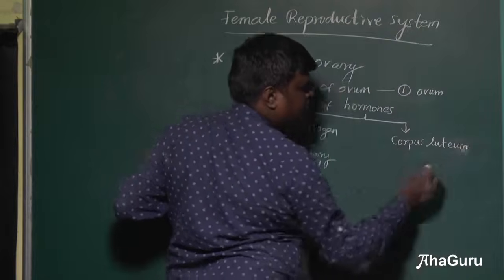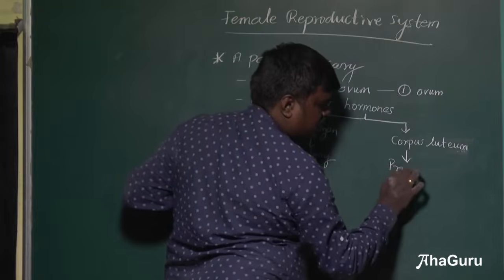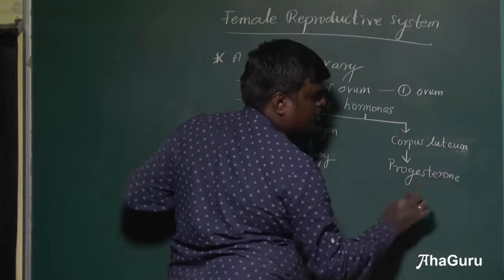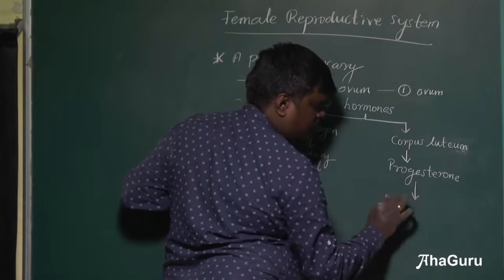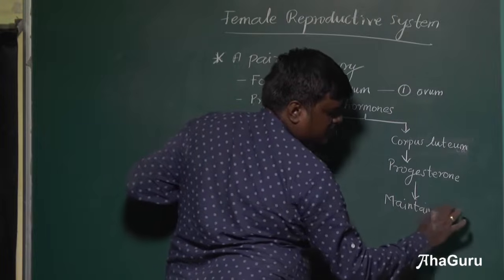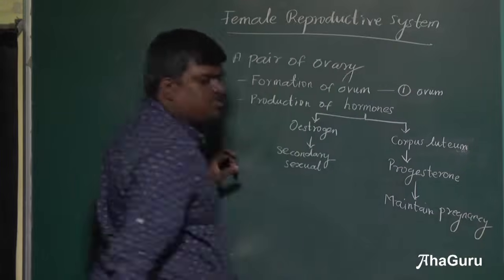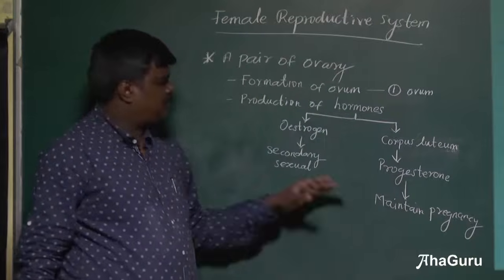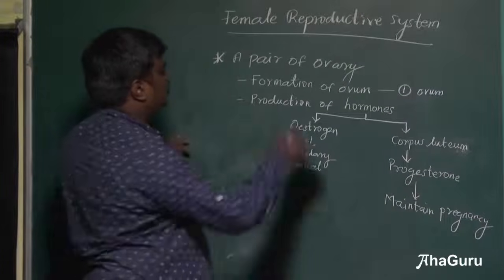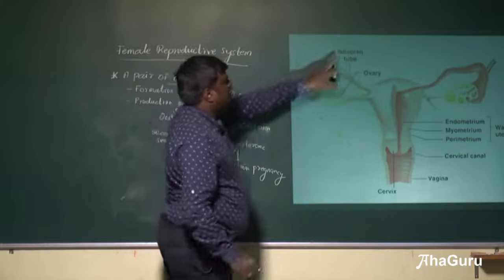This corpus luteum produces a hormone called progesterone. This hormone helps to maintain pregnancy. So, progesterone is the one which maintains pregnancy. This is about the basic functions of the ovary.